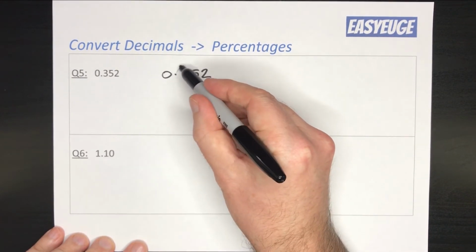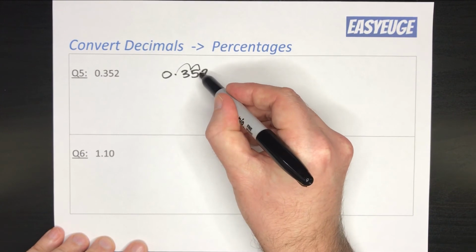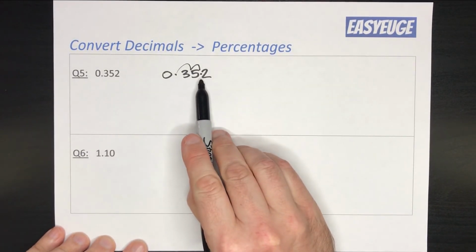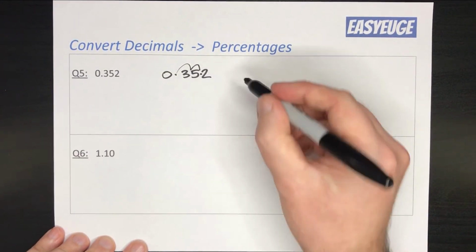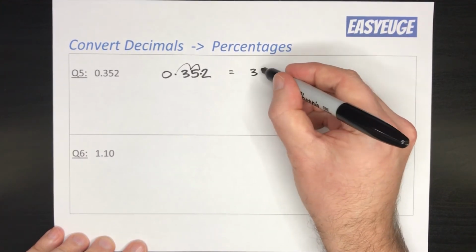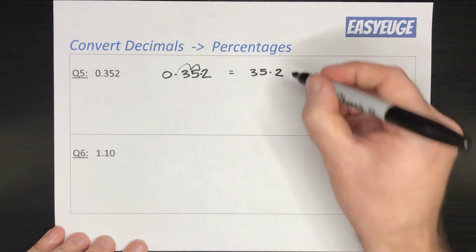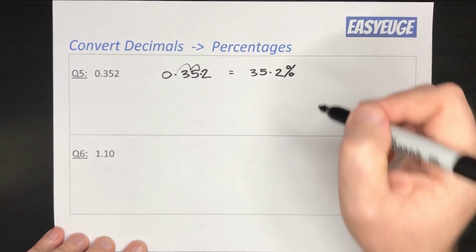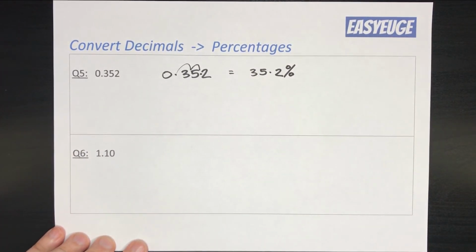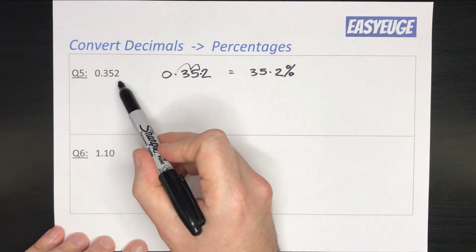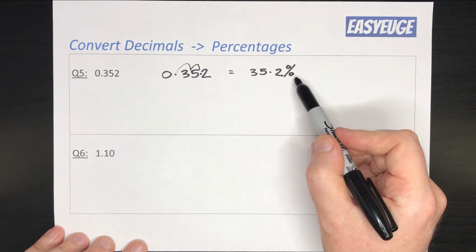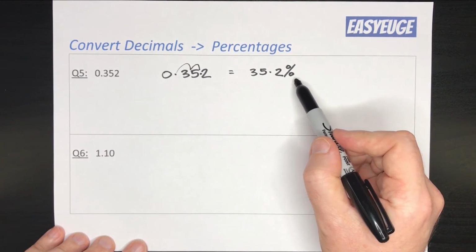That means moving it 1, 2, and the decimal point ends up between the 5 and the 2. So this becomes 35.2, and we add on our percent symbol. So that is 35.2%. What looks like a tricky question is actually quite simple when you know how to do it.